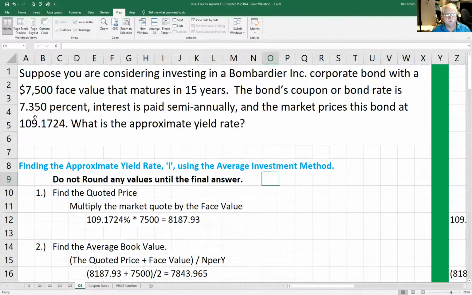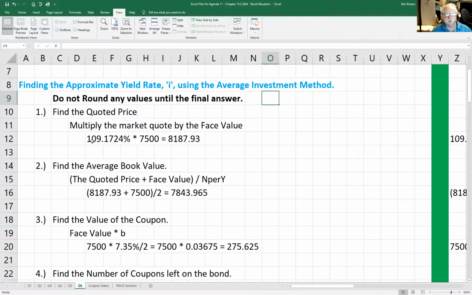So we can figure out the quoted price of this bond with this. The quoted price is the bond times 109 point blah, blah, blah %. So this is the quoted price of the bond.